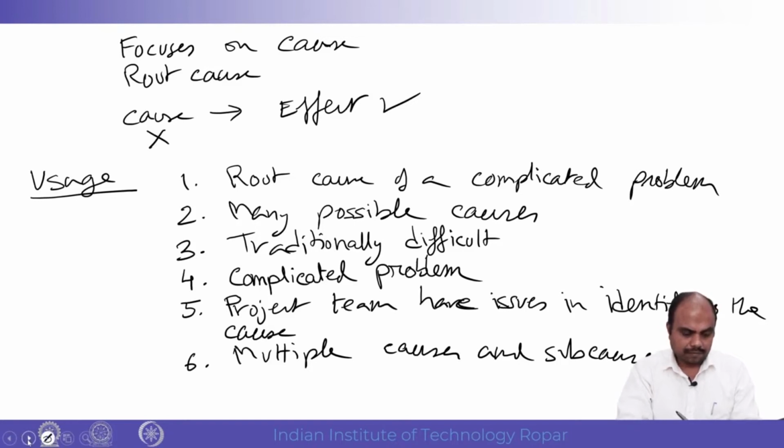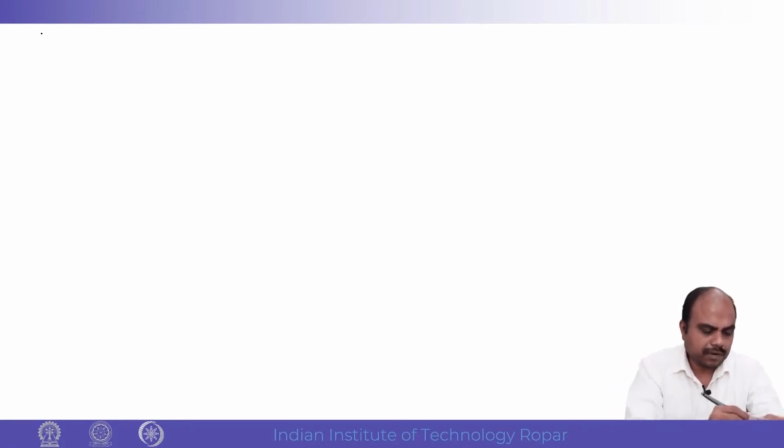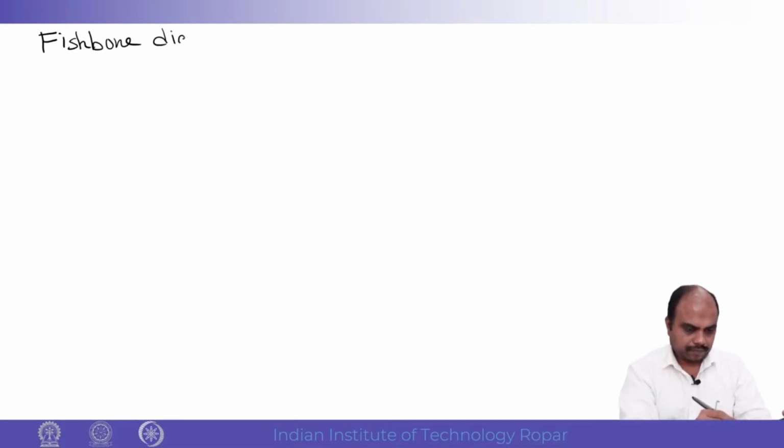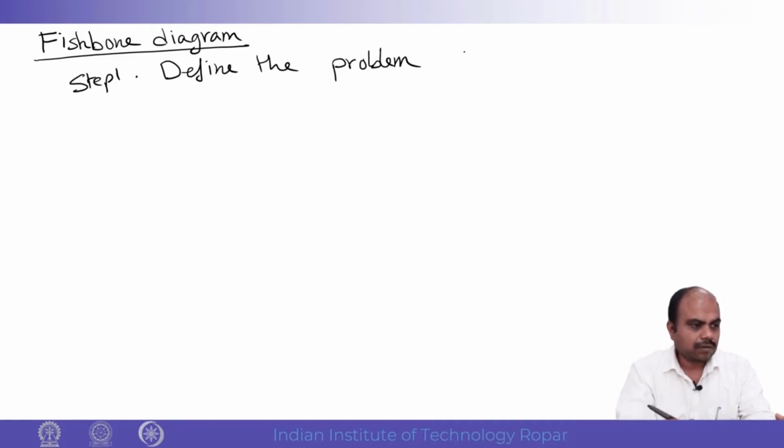So now we are going to learn how exactly to make a fishbone diagram. Let me write it again. Step 1, define the problem. So this is exactly what the problem is.